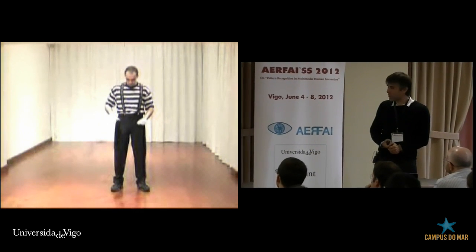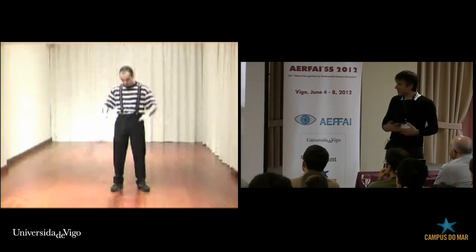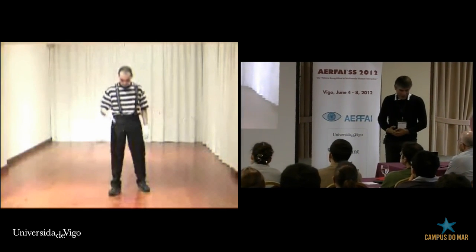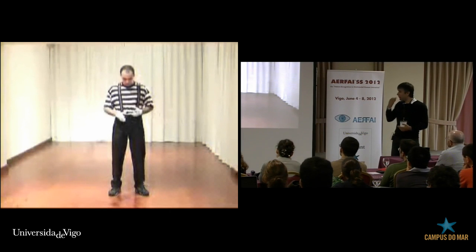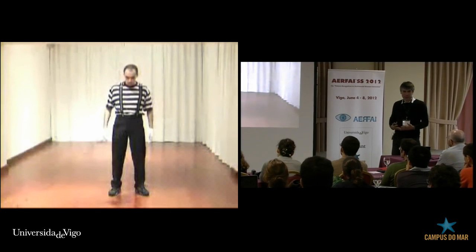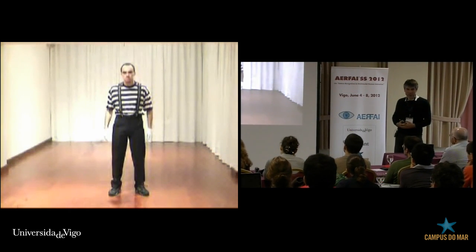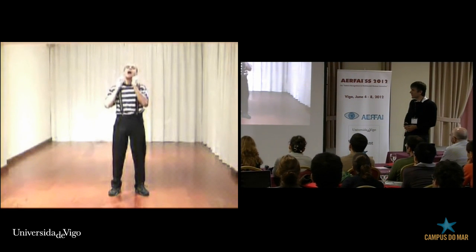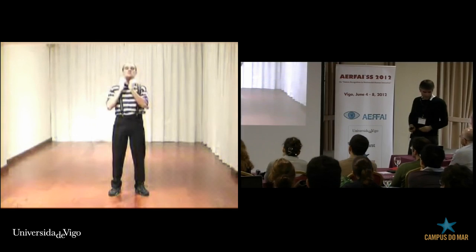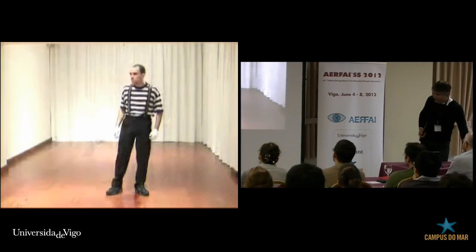Okay, so here's something fun, but also motivating why we think scenes are very important for action recognition. Here's a pantomime, and eventually people will recognize what's going on, but this is hard. Why it's hard is exactly because we don't see the surroundings, we don't see the objects, we don't see context. Actually there are two things.